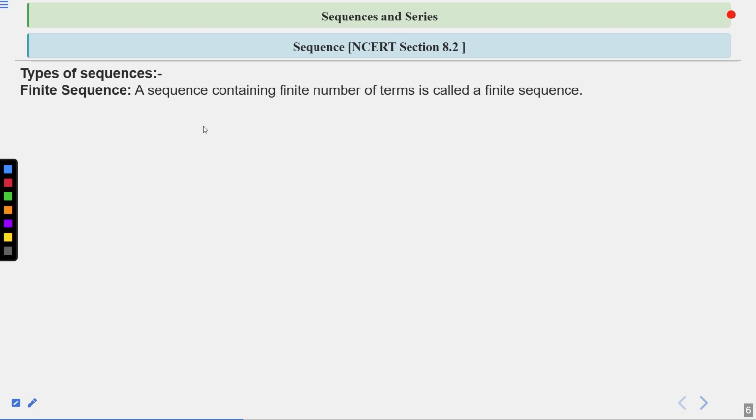Simple. So a sequence containing a finite number of terms, terms meaning the members, the elements. If you have a finite number of terms, then your sequence is going to be a finite sequence.